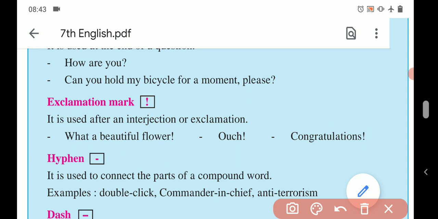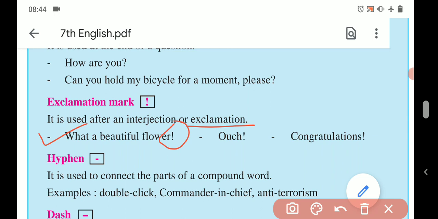Now if you are there to use any exclamatory sentence, that is exclamation, at such place also you have to use exclamatory mark. Here is the sentence example. What a beautiful flower! This is exclamation or exclamatory sentence which is ending with exclamatory mark.